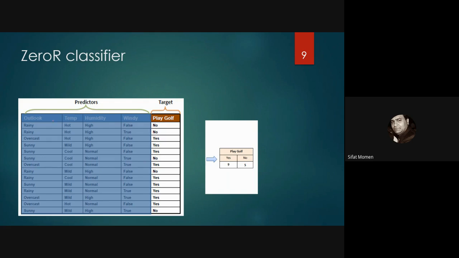He looked at several things, let's say the outlook, the temperature, humidity, and the wind, and he also marks whether John has played golf outside that day or not. What is the size of this data set?